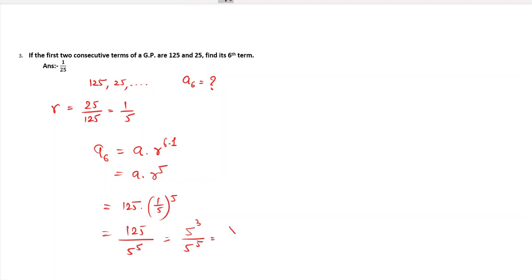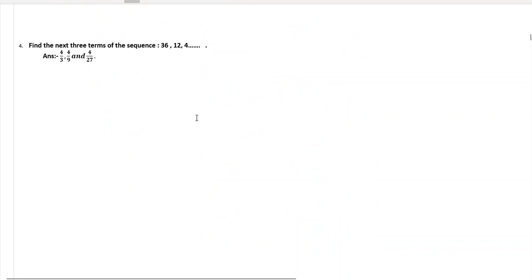So this will become 5 raised to 3 minus 5, or 5 raised to minus 2, or 1 upon 5 raised to 2, or 1 upon 25. So the sixth term is 1 upon 25. Very easy.